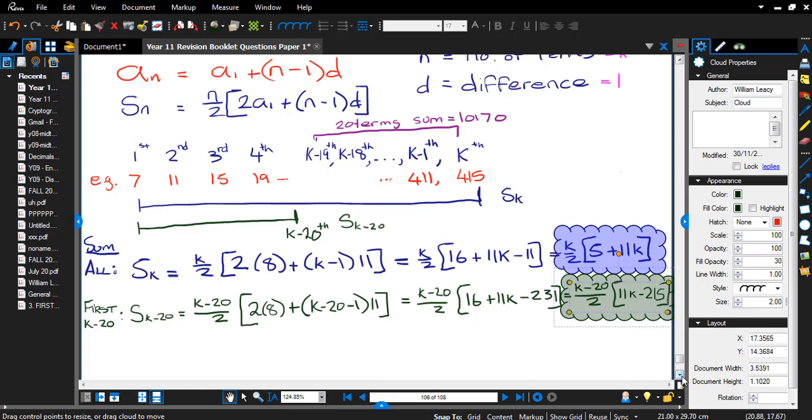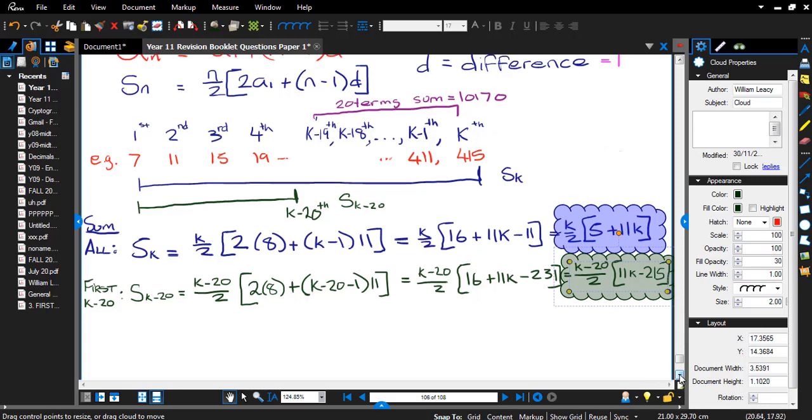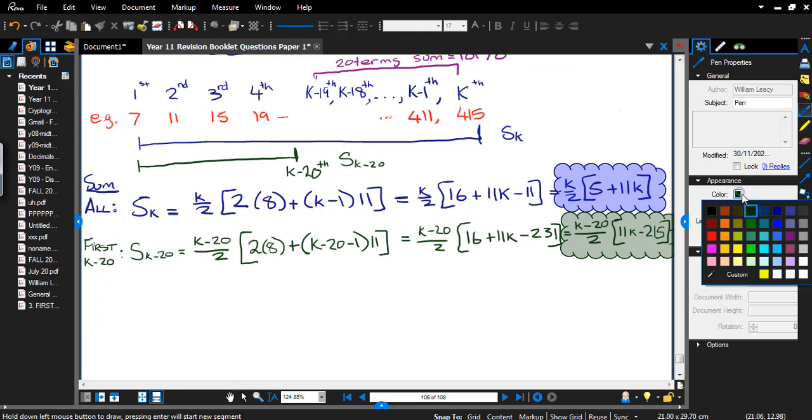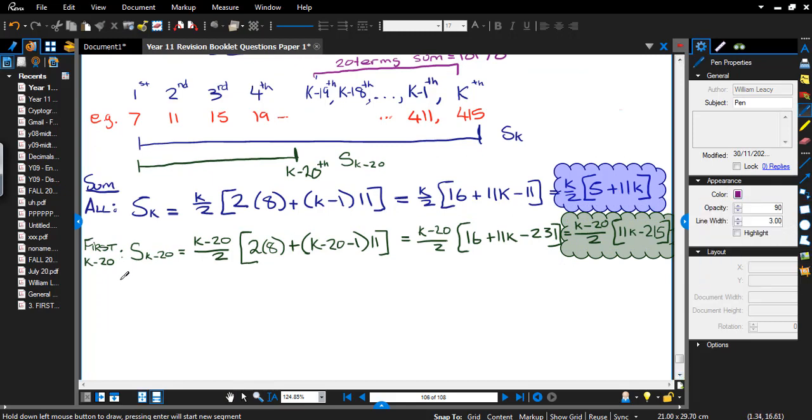Okay, and then we'll just put that equal to 10170, which we're told it's equal to, and then we just solve it. So let's do that, and we'll put this in purple. So the sum of the last 20 terms is going to be sk minus sk minus 20.